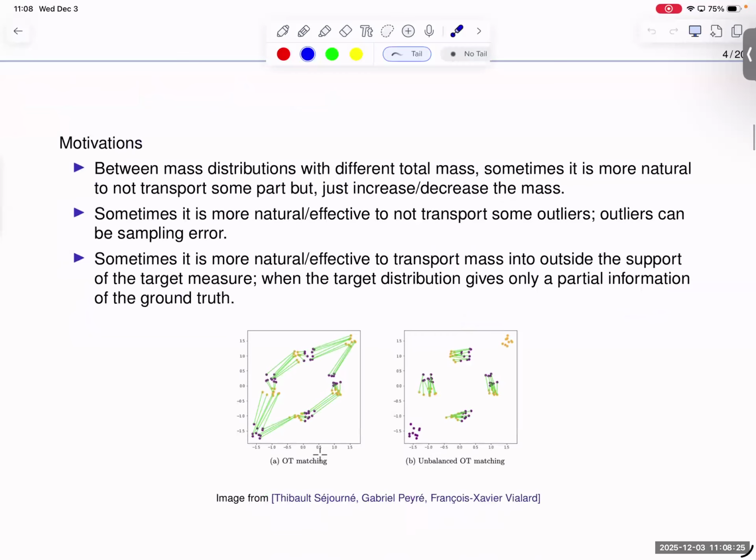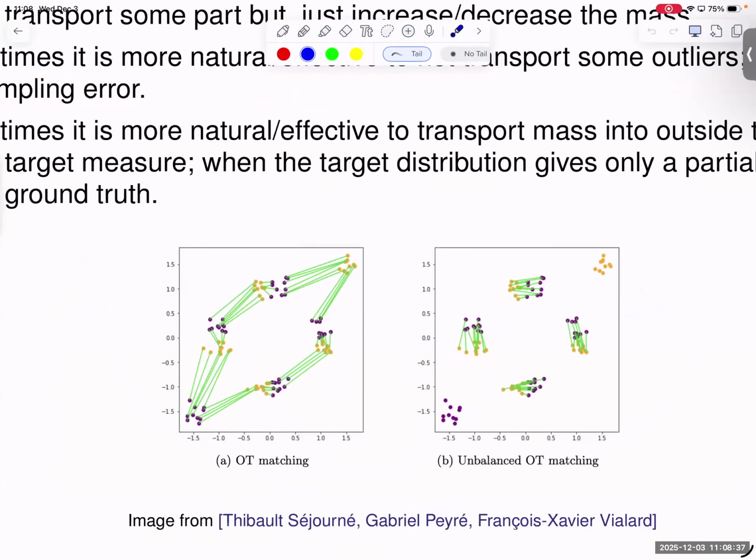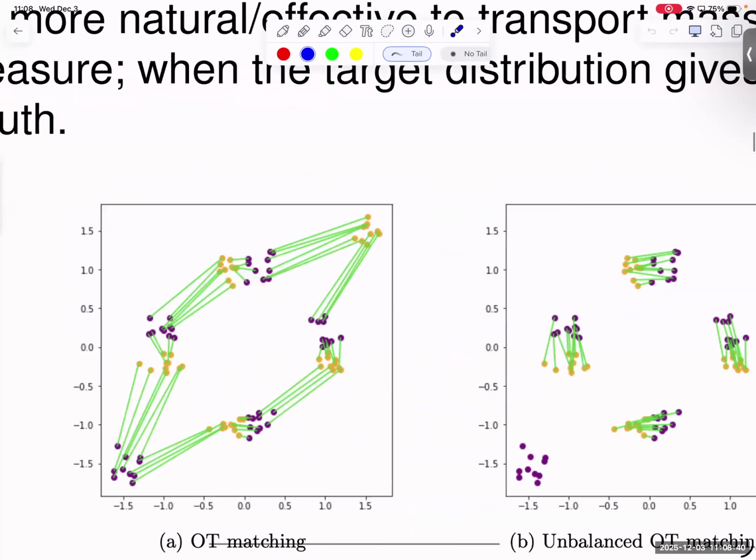Regarding such context, consider, for example, this figure here. Let's say we have two distributions, this purple one and this yellow one.